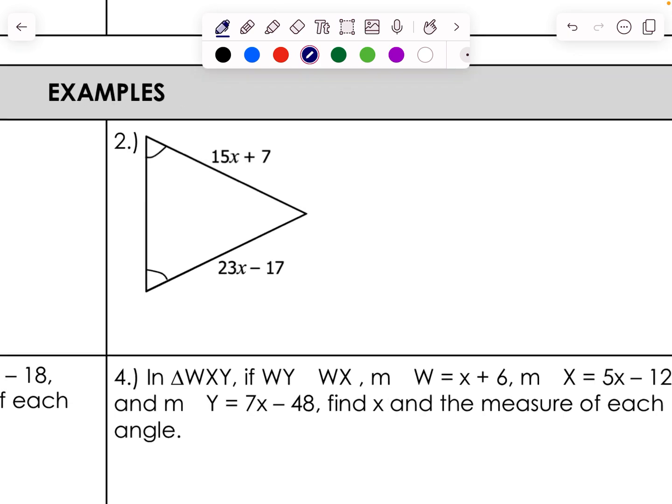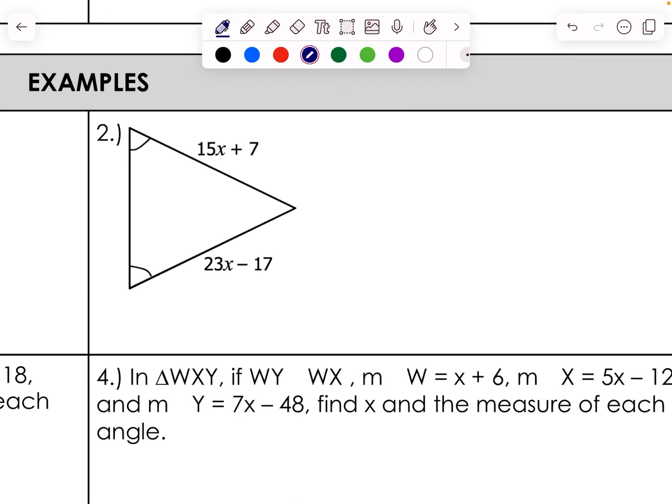If we look at example 2, this one is the opposite. They tell me the angles are equal, which tells us that the sides are going to be congruent. So again, I set them equal to each other. I subtract 15x, I get 8x.